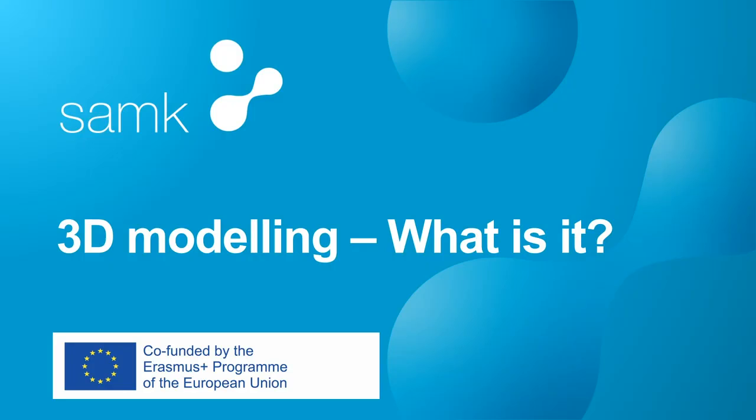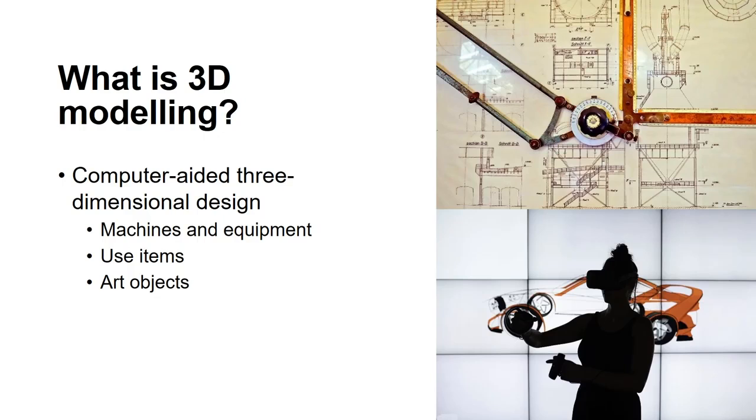Before we start learning 3D modeling, let's go through a little bit of what 3D modeling really is and what it's used for. In short, 3D modeling is a three-dimensional design done by a computer. Back in the 1970s, all design was done entirely on paper.